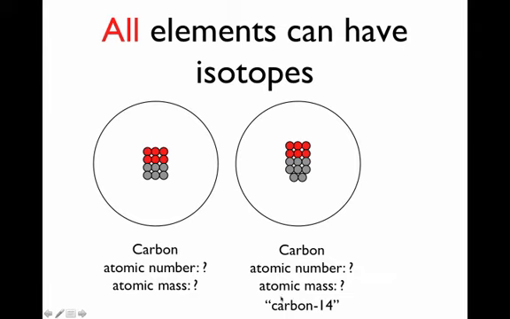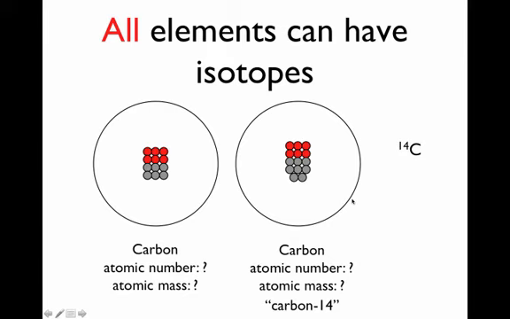Now, it's a little bit of a pain to write this out, so chemists have their own shorthand, which I believe I showed you previously. The way that you describe specific isotopes of an element is that you write the symbol of the element and then you write the mass of the isotope as a superscript to the left side of the symbol.